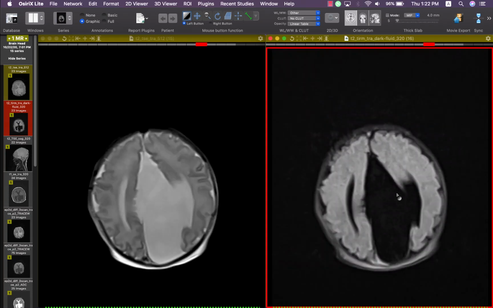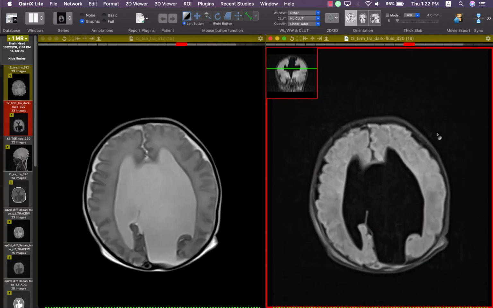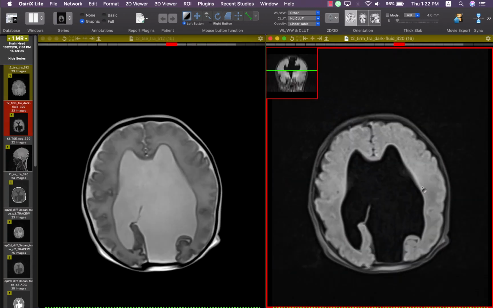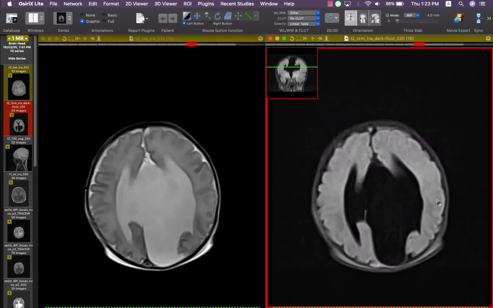This large interhemispheric fissure cyst is causing mass effect and displacing the cerebral hemispheres, and such an appearance is a spotting for an interhemispheric fissure cyst that is associated with agenesis of the corpus callosum.